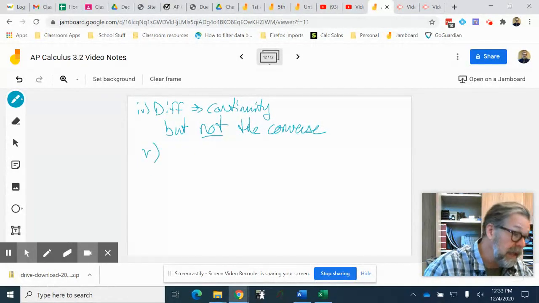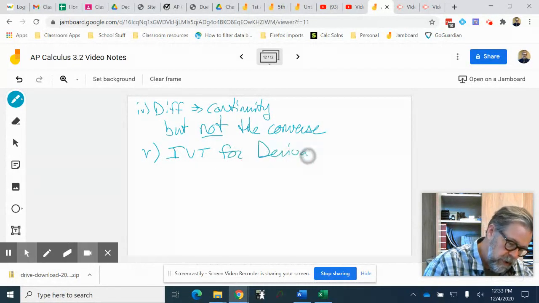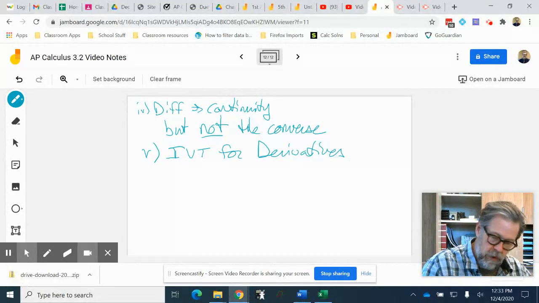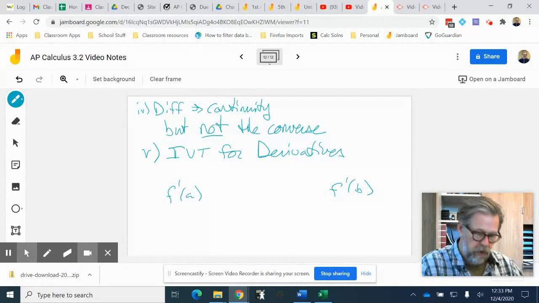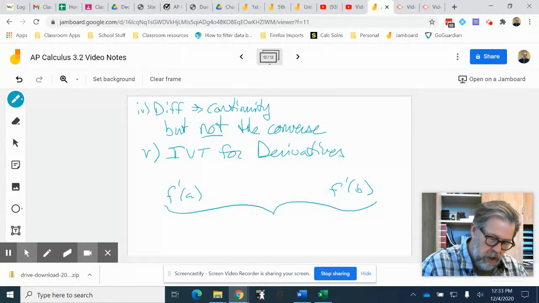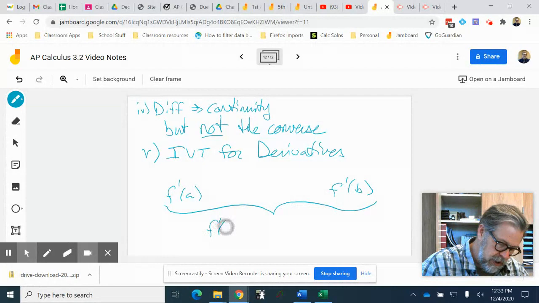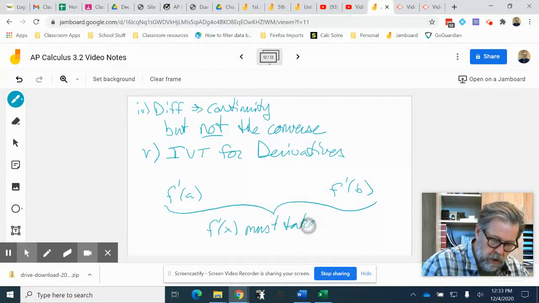And finally, the intermediate value theorem for derivatives basically says that if you have a derivative at one point and you have a derivative at another point and the function is differentiable throughout, f prime of x must take on all these values.